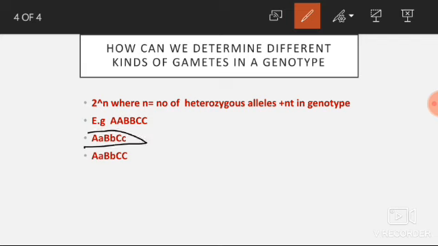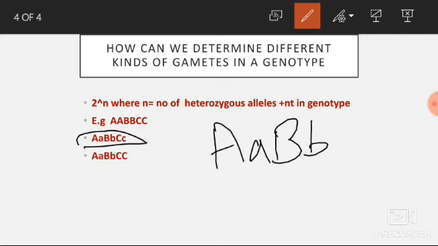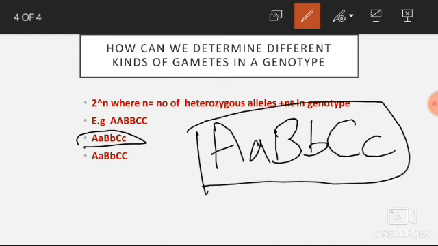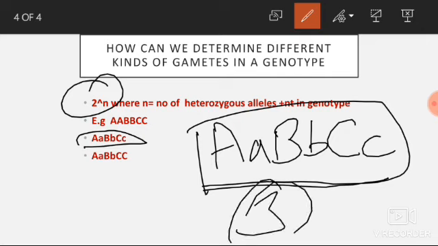Now the second example: capital A, small a, capital B, small b, capital C, small c. In this case, we can use the formula 2 to the power n, where n stands for the number of heterozygous alleles present in a genotype. In this genotype, heterozygous alleles are 3 in number.